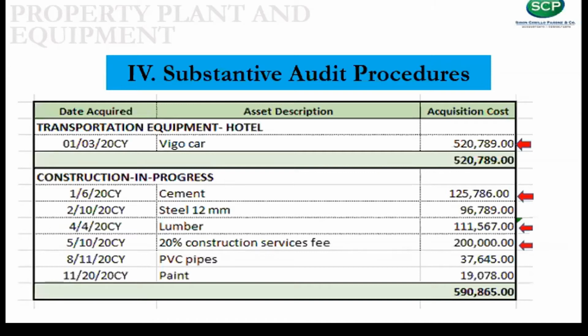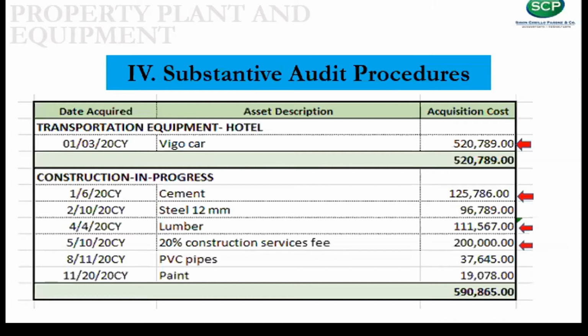These four additions to property, plant, and equipment, which totaled 958,142 pesos already, comprise 83% and 86% of the combined transportation equipment and construction in progress addition totals and fixed asset addition total respectively.